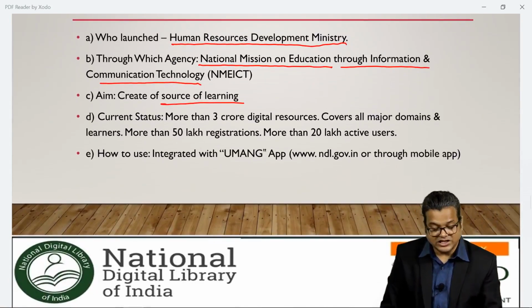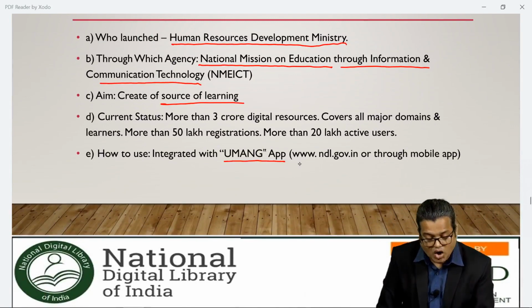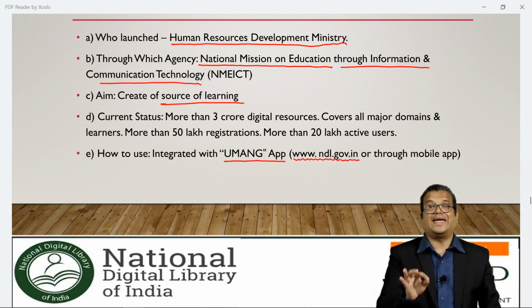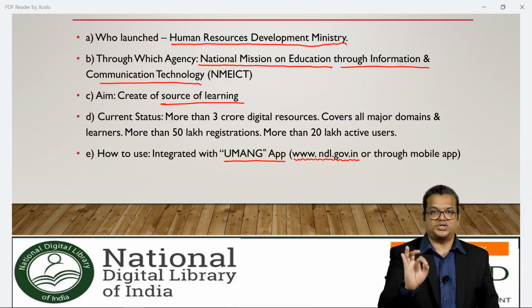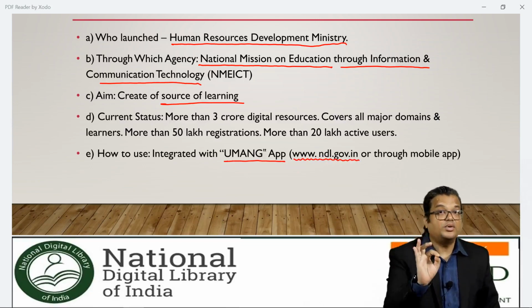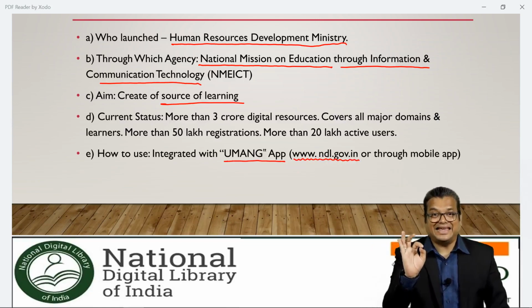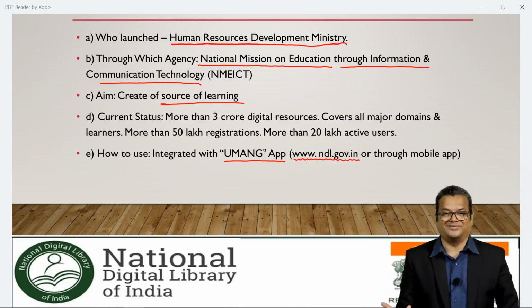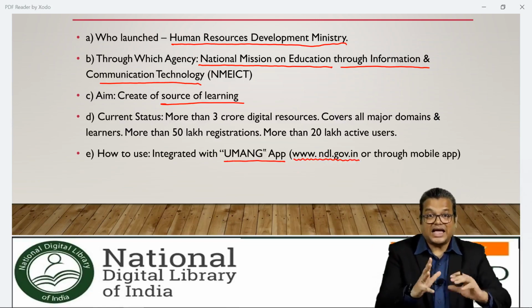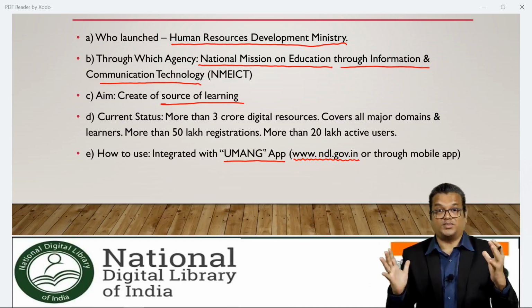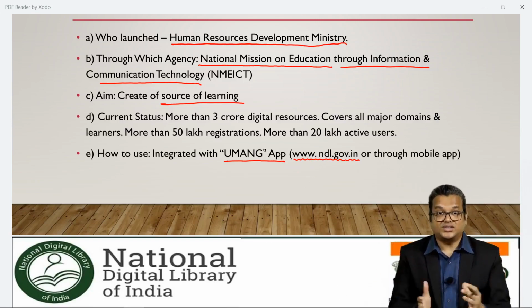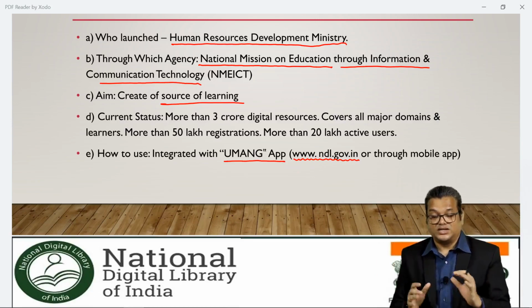Either you can use the Umang app, or you can log in on www.ndl, National Digital Library. I repeat, www.ndl.gov.in, right?